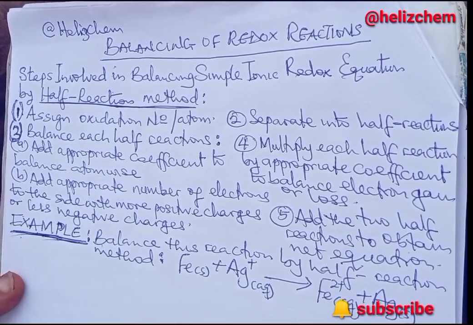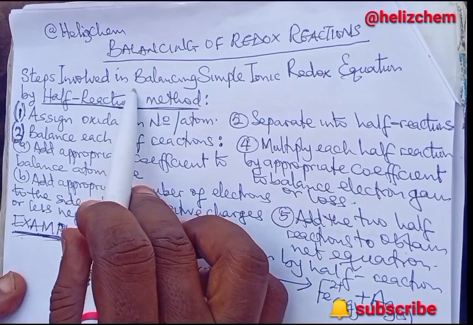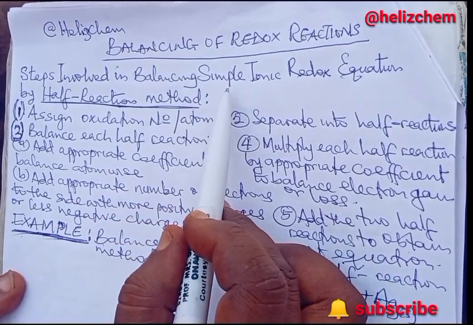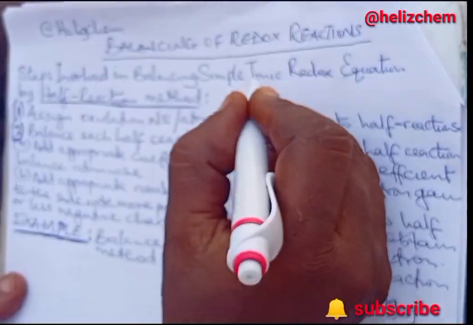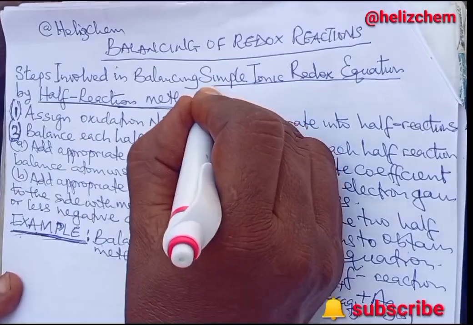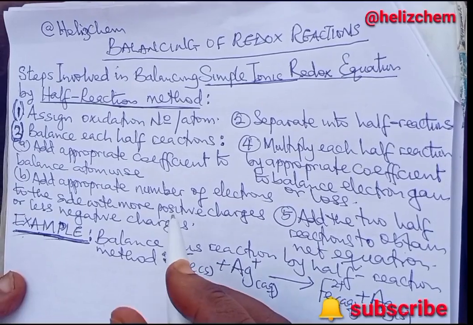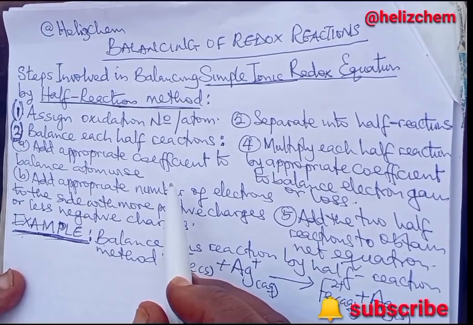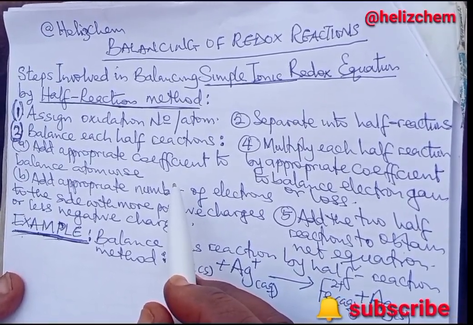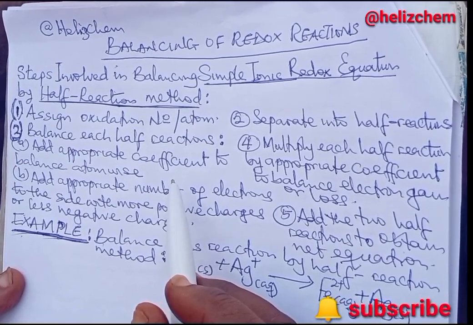But today, we want to look at the steps involved in balancing simple ionic redox equation. What are the steps? And the method you want to use is half reaction method.